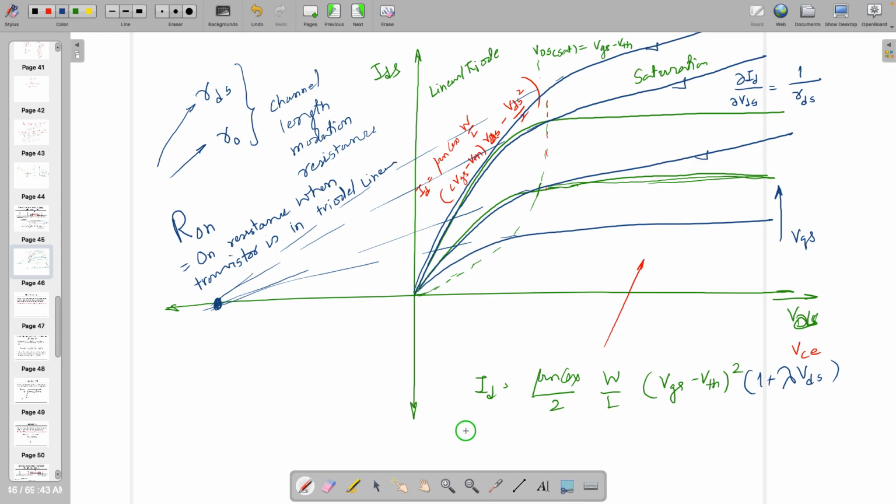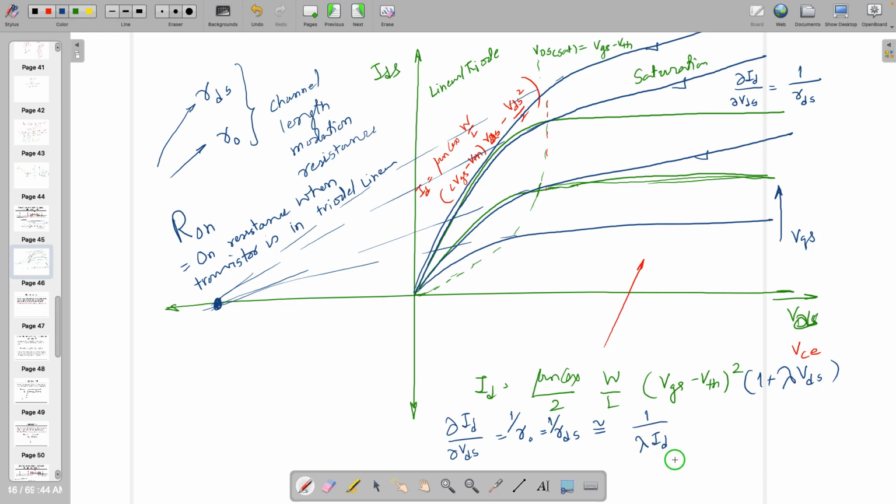And del ID by del VDS is equal to RO or RDS. So what will be the value of that one? Can you find that out? Sorry, 1 by R. Okay, 1 by R. 1 by lambda ID, right?